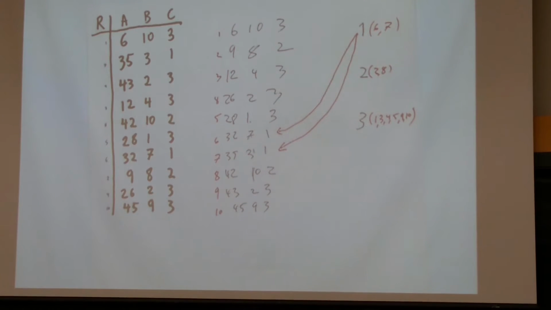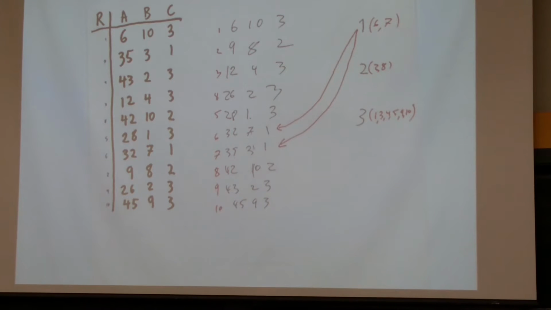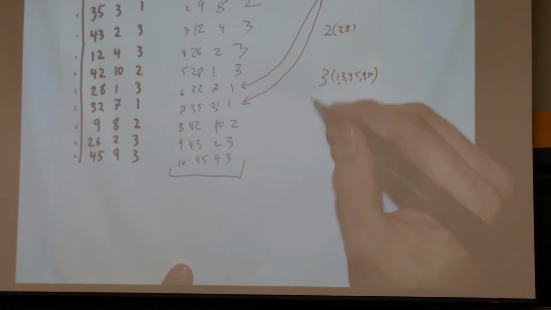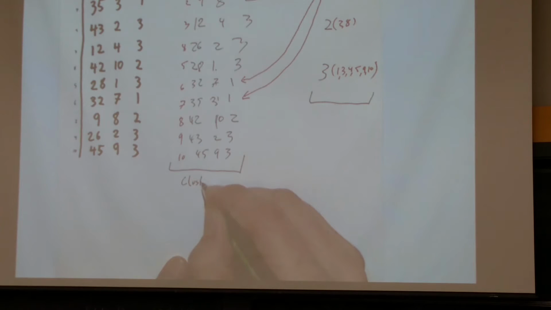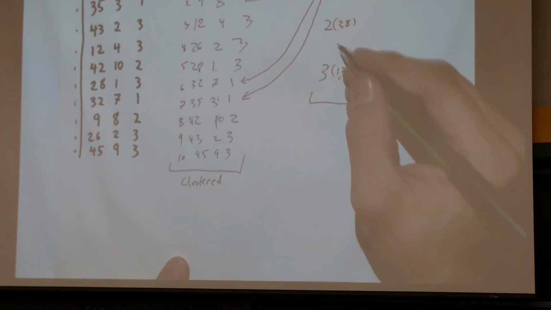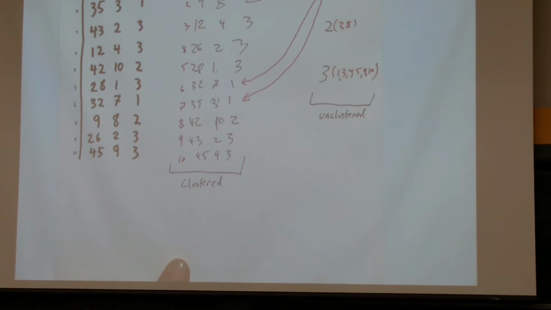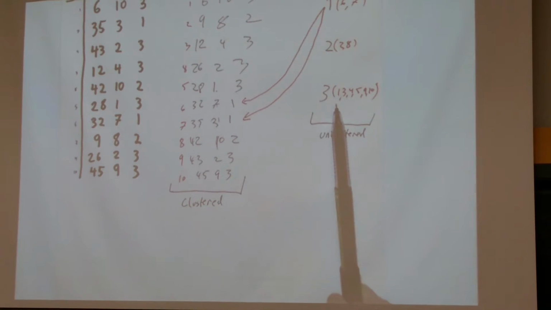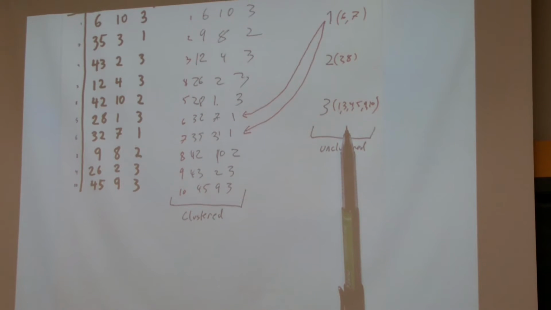So this is the very simplest type of index. These are the very simplest two types of indexes that you can have, and they're referred to as clustered indexes and unclustered indexes. The reason is that this set of pointers is an organizational structure.